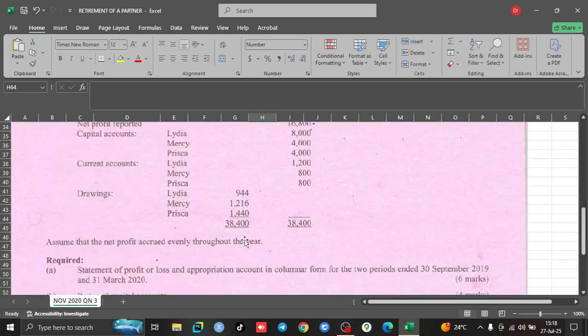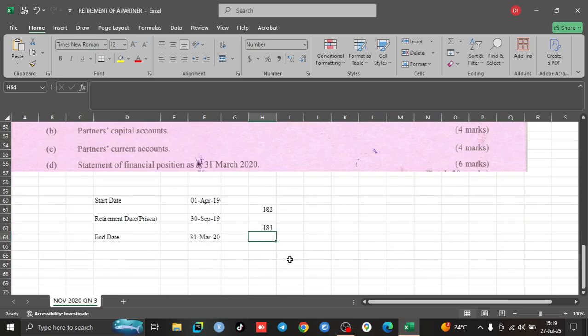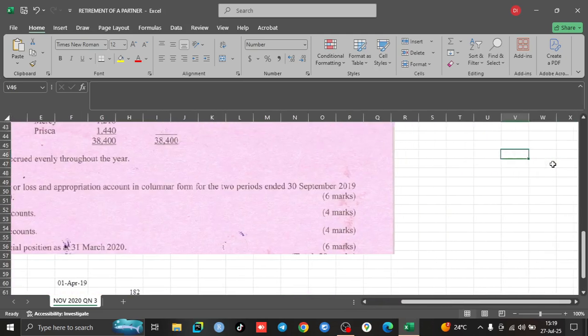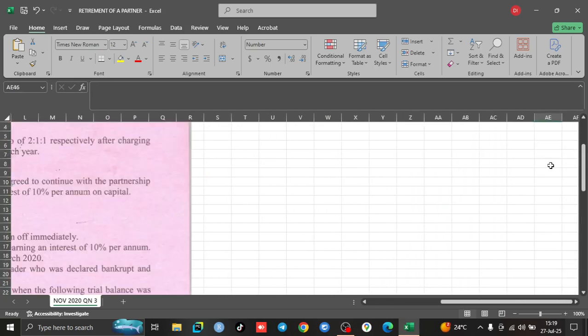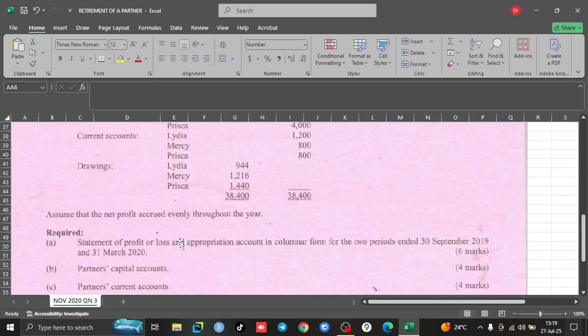So what we are going to do in columnar format, we are going to have two periods and the total. So I can prepare that as we go on, so that we can start capturing this information. So it's Lydia, Mercy and Priska. Is it a statement of profit or loss or just an appropriation account?